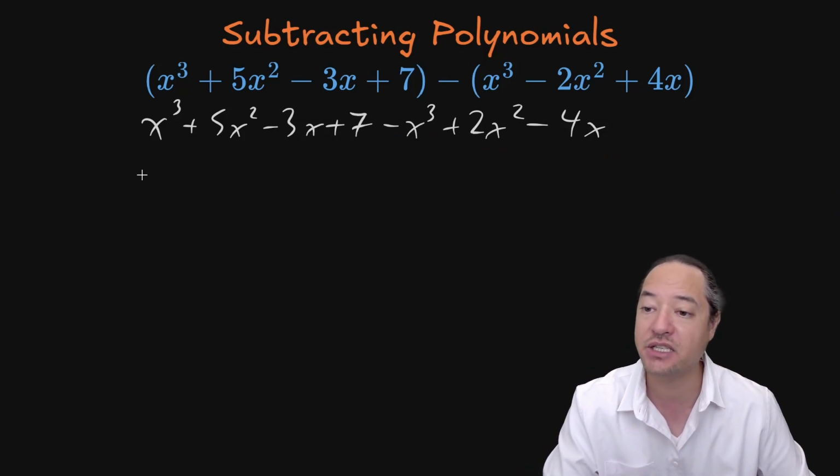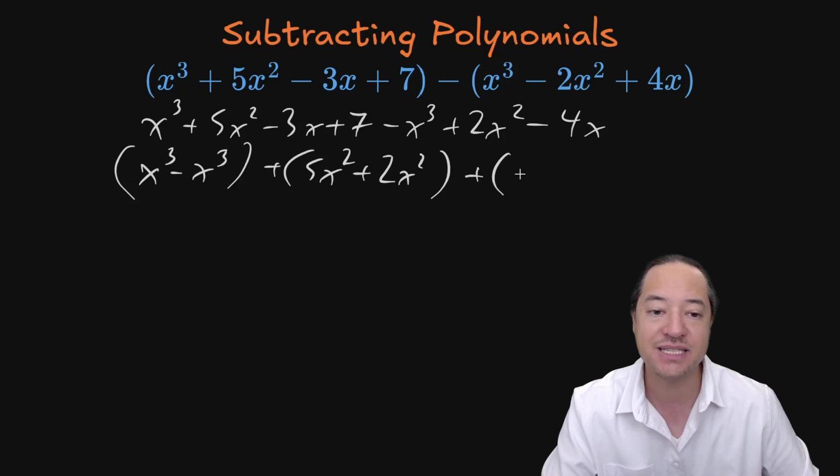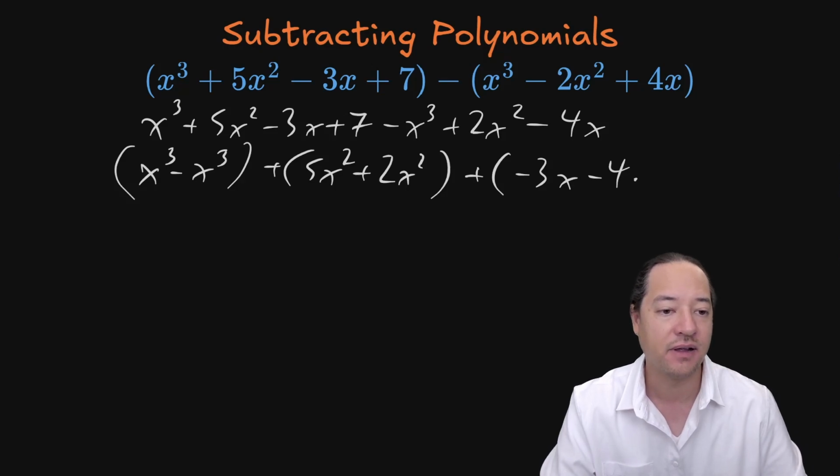So let's group the like terms. We'll have an x cubed minus an x cubed, right? That's there. And then we'll have a 5x squared plus a 2x squared. That's the next group. Then we'll have a -3x minus 4x, and then finally we have a plus 7.